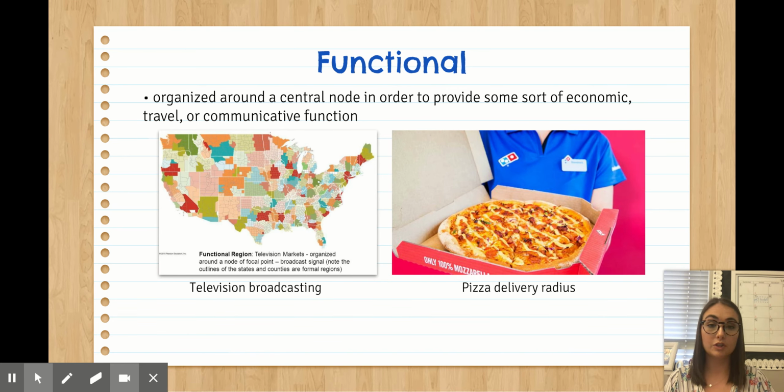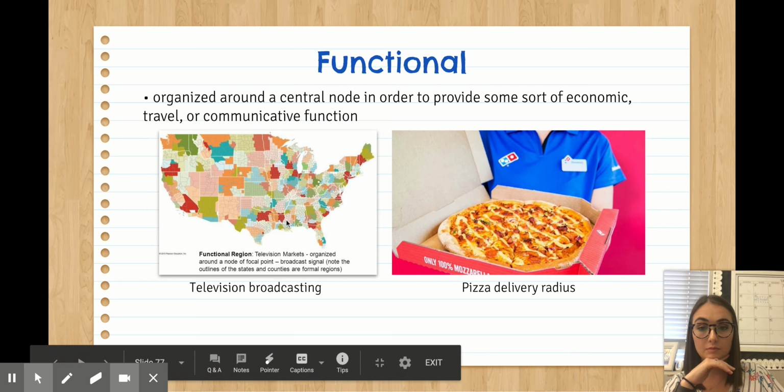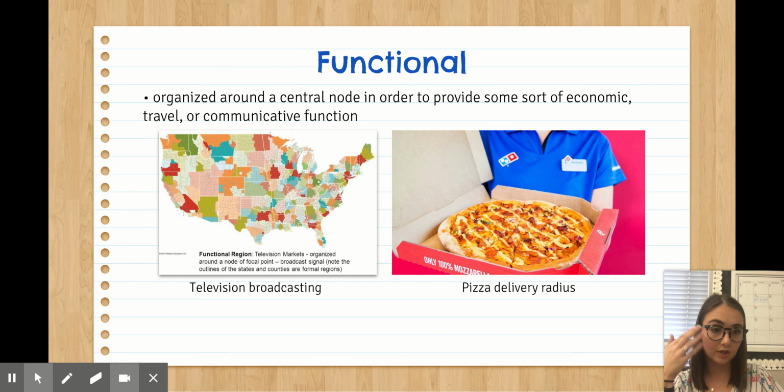And so a functional region is really solidified by the fact that it's only there because a certain function is being performed there. If TV broadcasting stations did not have certain limits to where they would broadcast, this map would not exist, these regions would not exist.